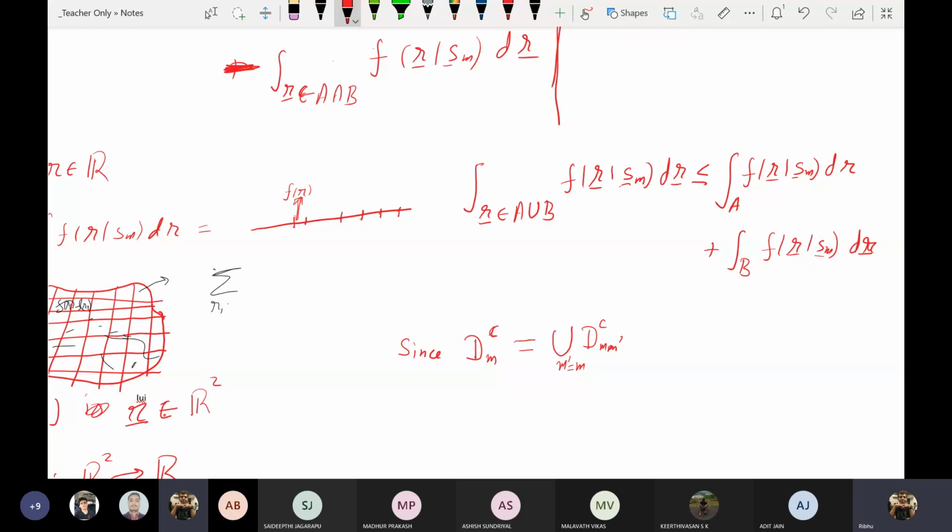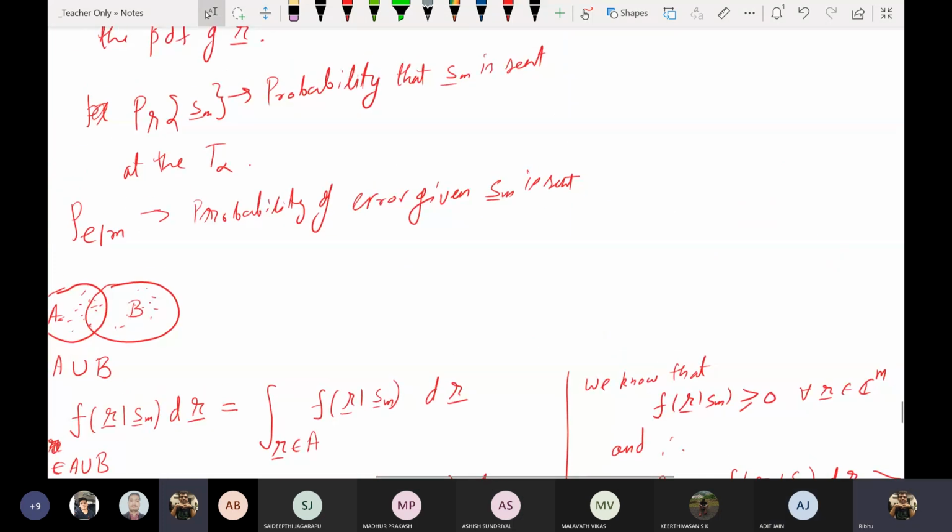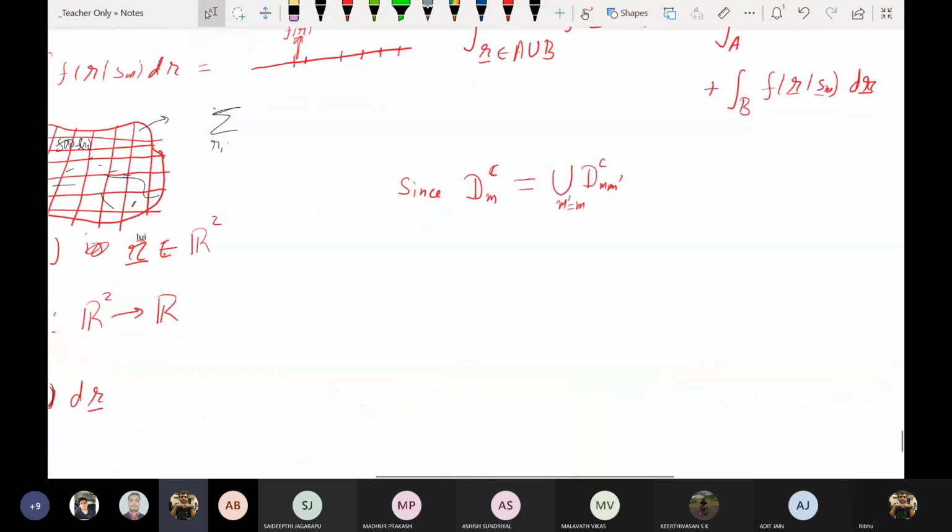This is where we started. Therefore the integral, and I want to calculate this.